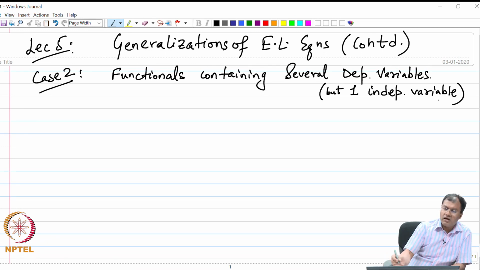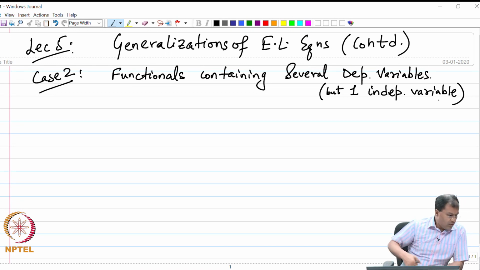And then the second case will be the other way around, containing several independent variables, but one dependent variable. Okay.